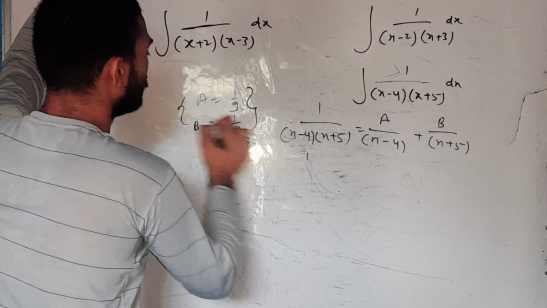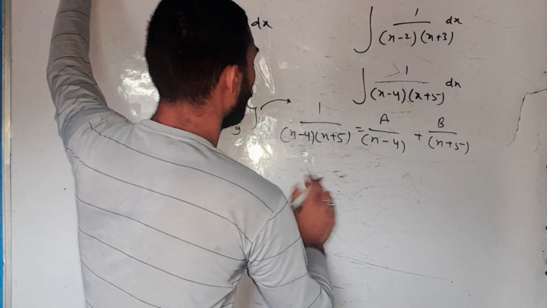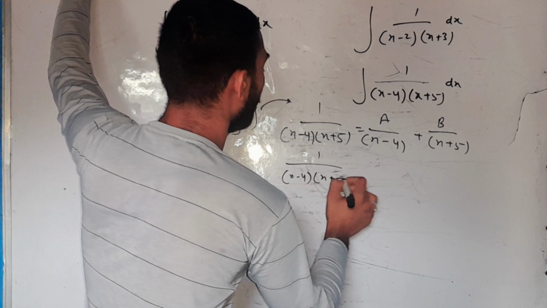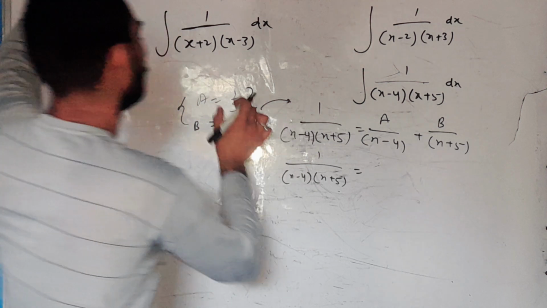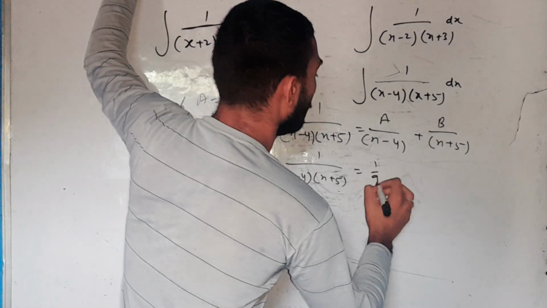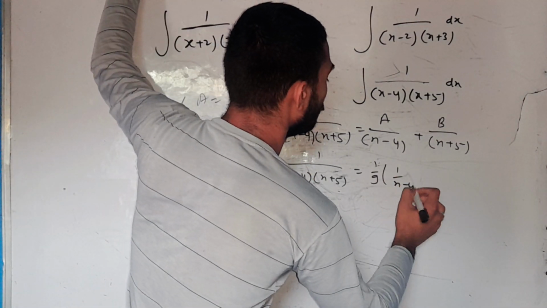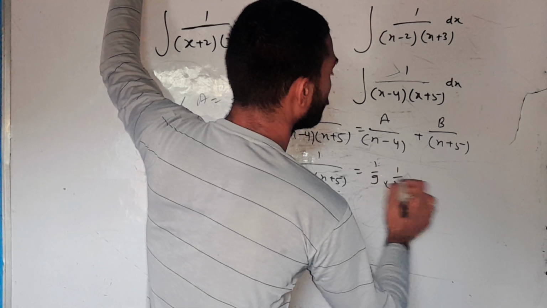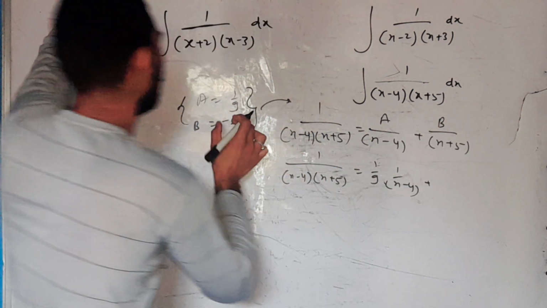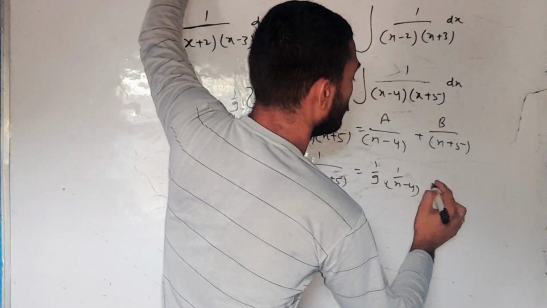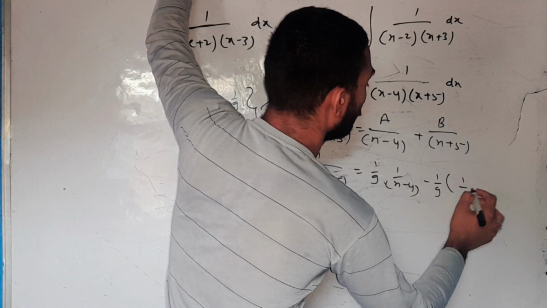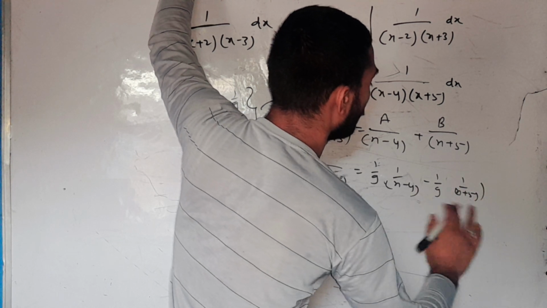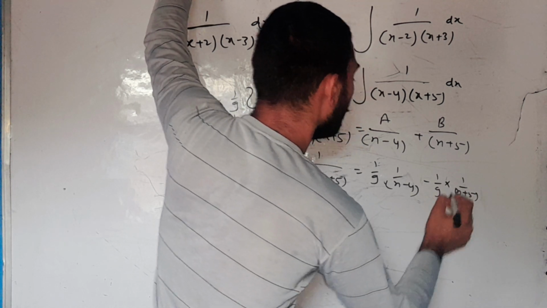So 1 upon (x minus 4)(x plus 5) equals 1 by 9 times 1 upon x minus 4, plus minus 1 by 9 times 1 upon x plus 5.